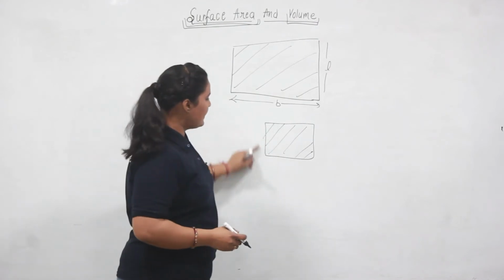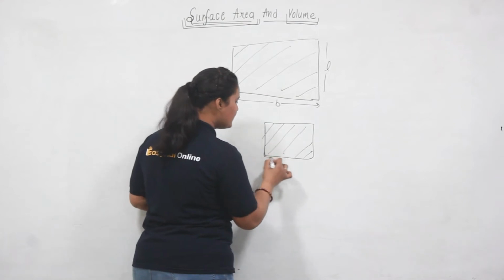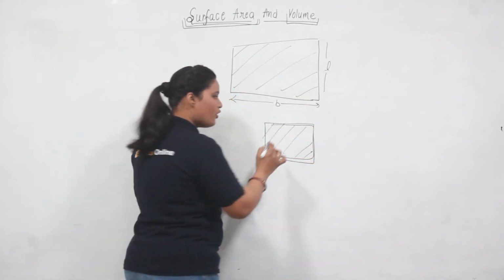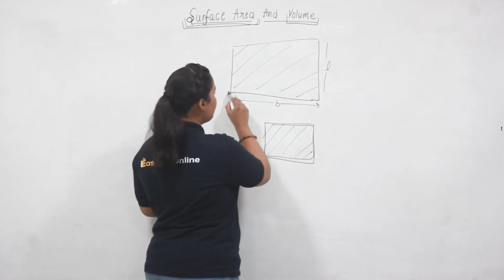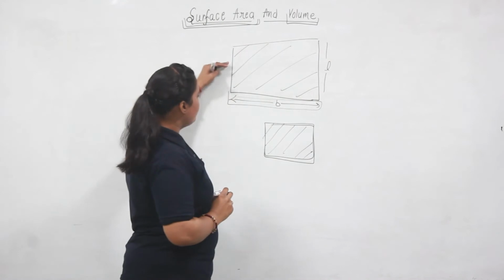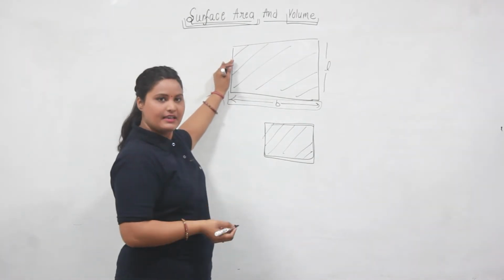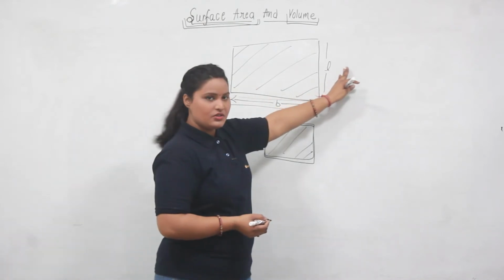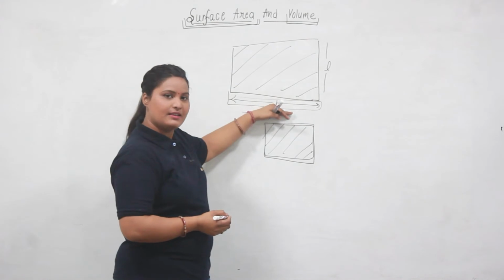So how can we limit this area? For limiting this part, we use dimensions, right? And if I talk about a square or rectangle, we use two dimensions: one is length and another is breadth.